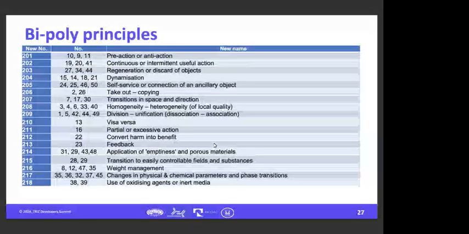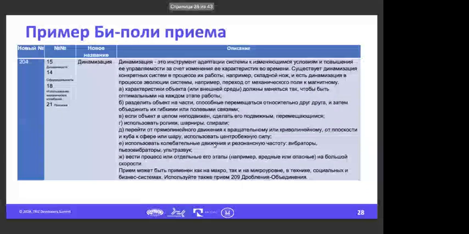So in more detail, you can have a look at the presentation, which will be available to each of us after that. And also we plan to describe it in an article. Of course, we can discuss it. So let's have a look at an example. For example, principle 204, we called it dynamization, and we included the 15th dynamism, 14th spheroidality, then the 18th use of mechanical vibration, and the 21st breakthrough.